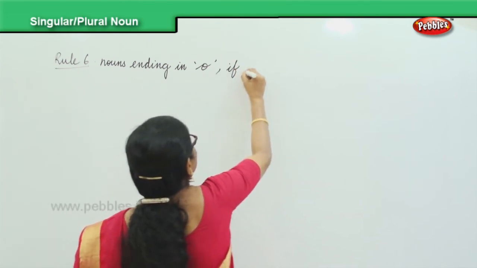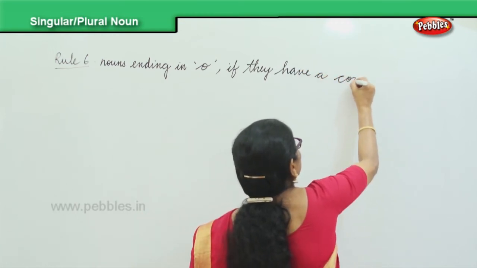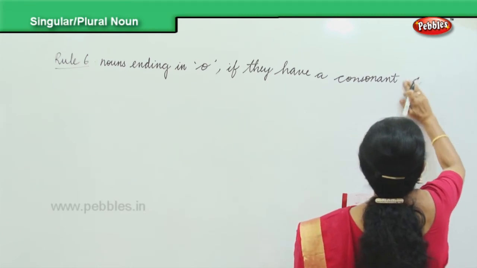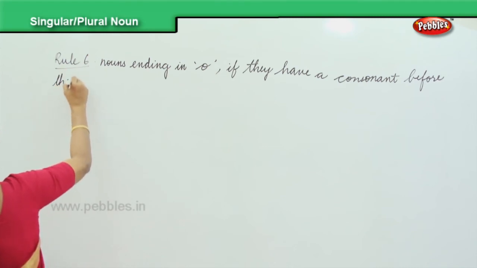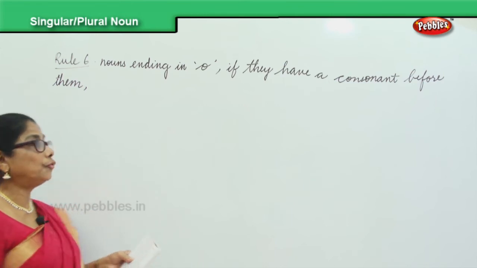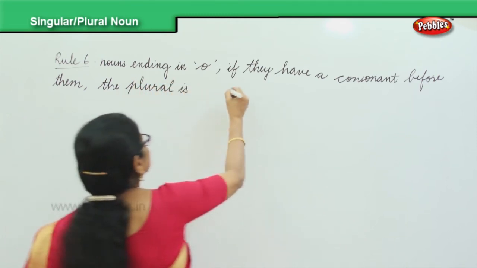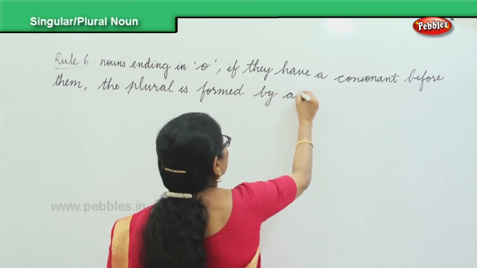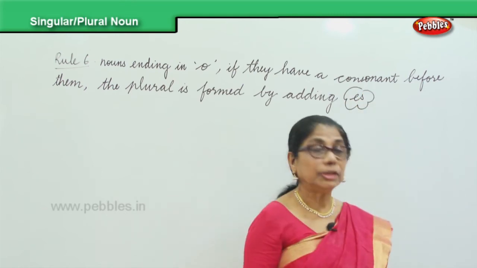Nouns ending in O, if they have a consonant before them, the plural is formed by adding ES to the singular.